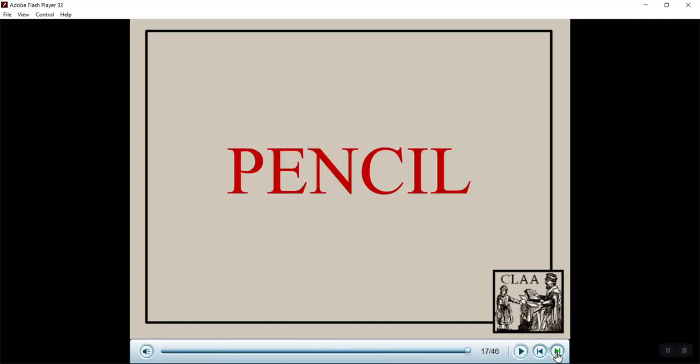If we tried to read this word with classical letter sounds, it would sound like this. Pen-keel. And that wouldn't be very helpful. If we read this word with ecclesiastical sounds, we come a little closer to the English word.